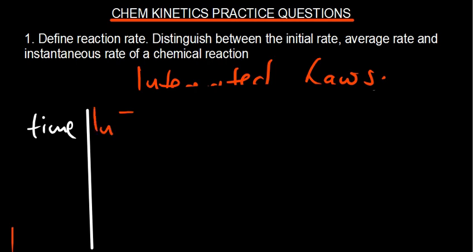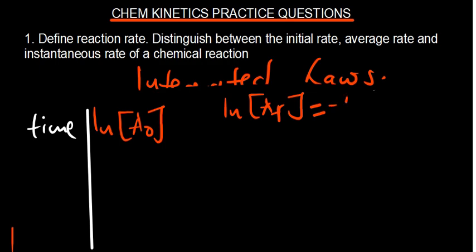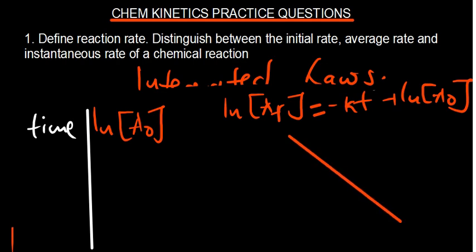So that's the only difference there. We introduce the natural log to every part of the equation that has the concentration. But the gradient remains the same, meaning that if you plot the natural log of the concentration against time and the graph comes out this way, it is also what? It is a first order reaction.